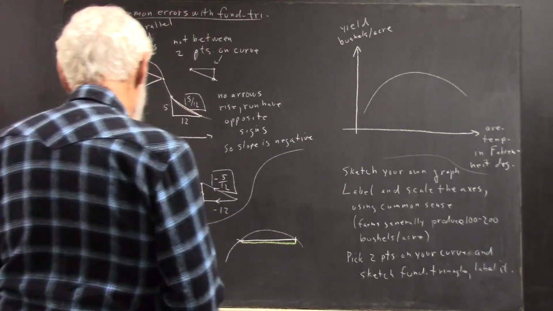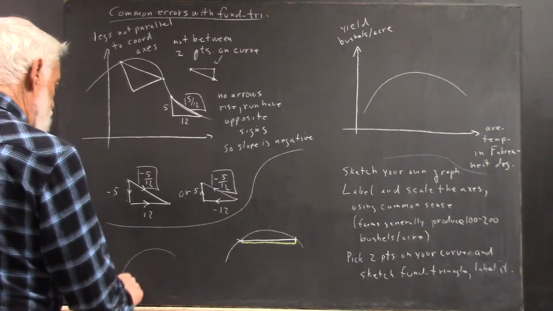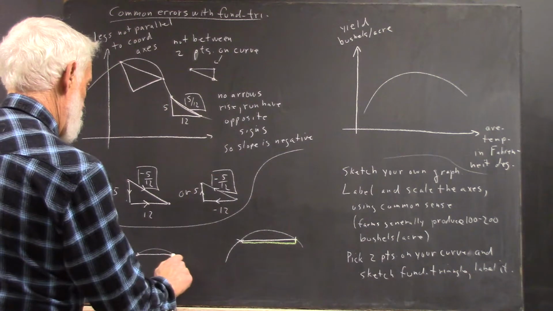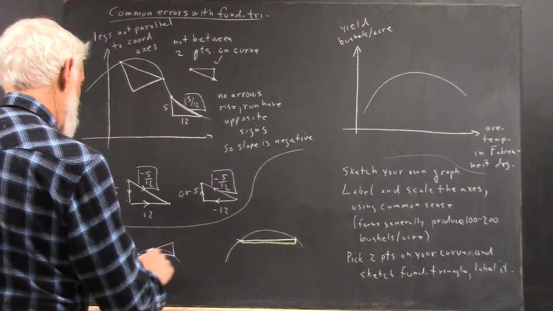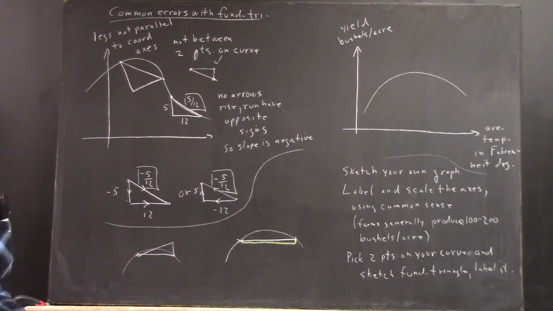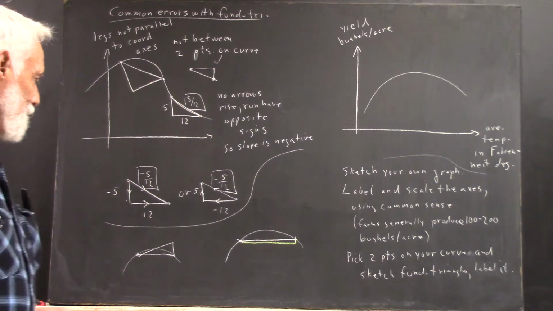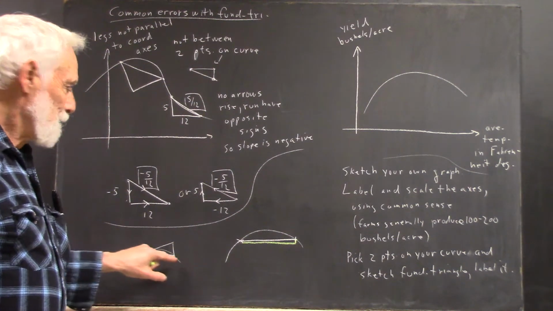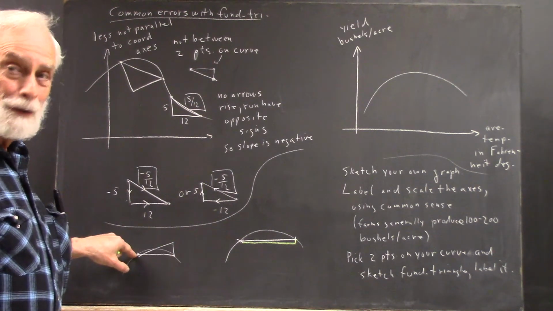So what you're tempted to do, you want to see a triangle, so people are going to tend to try to make one, okay? But now, your hypotenuse isn't between the 2 points. Your hypotenuse is up here, right?